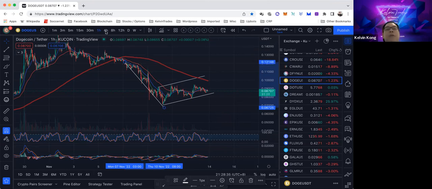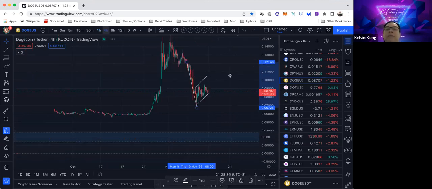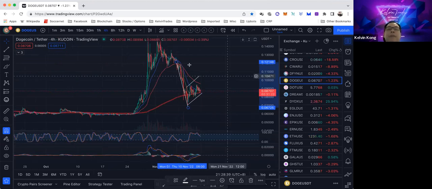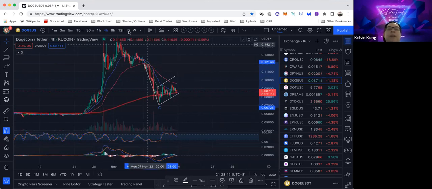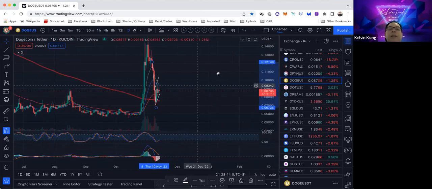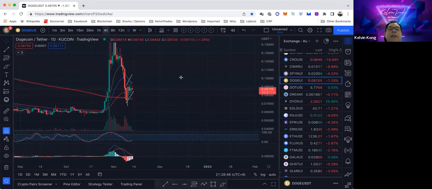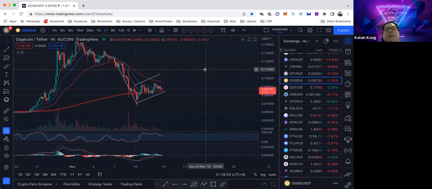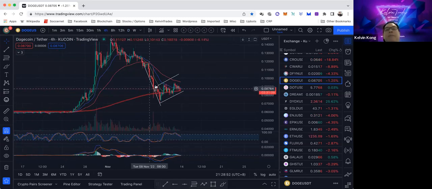If you go to a 4 hour chart, you also see a bear flag. If you go to a 1 day chart, 1 day cannot see, so it's not so obvious. 4 hour chart very obvious, it looks like a bear flag.